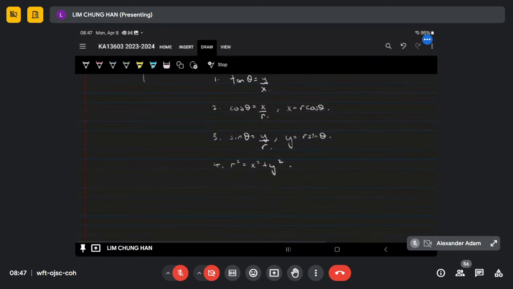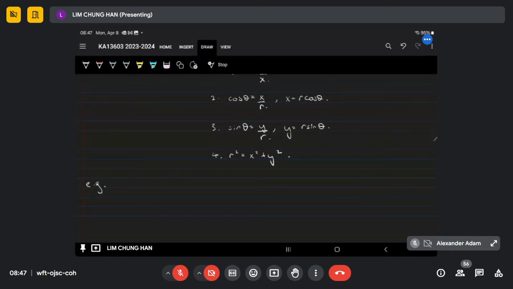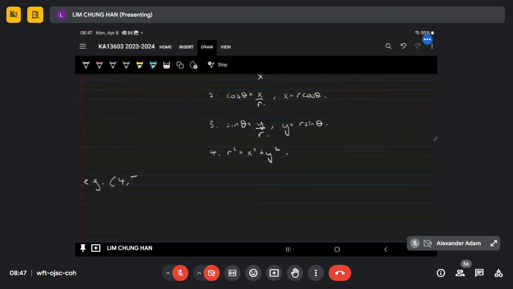All right. So let's do an example of doing the conversion. Let's say I have a point 4, pi over 6. Is this polar or Cartesian? Polar. Why polar? The coordinate is r and theta.